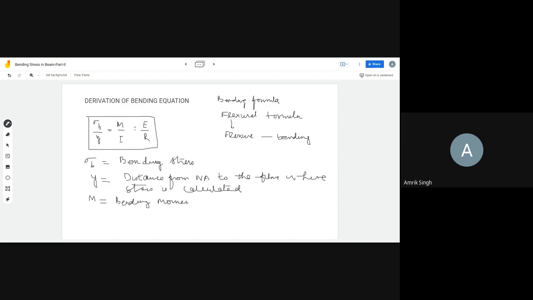M is the bending moment. I is the moment of inertia of that section.